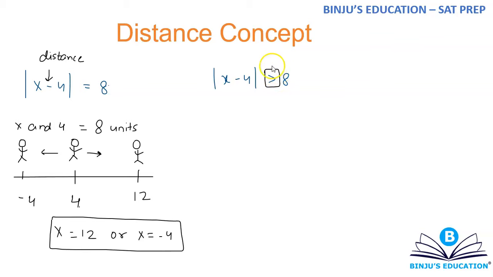So I'm going to remove this inequality and put an equal to sign here. I'm going to draw a number line and put 4 somewhere on it. As of now, my equation is the distance between x and 4 is equal to 8 units. So the two numbers which are at a distance of 8 from 4 are 12 and -4.